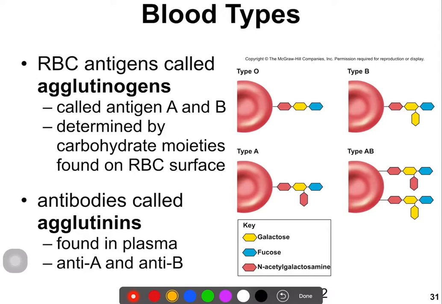So let's start to have a look at the different blood types that we have. Most people are familiar that we have type O, type B, type A blood, and we also have type AB. Now, what's the difference between them? Just to be completely upfront here, red blood cells, like any other cell in the body, have a lot of fuzzy bits sticking out.